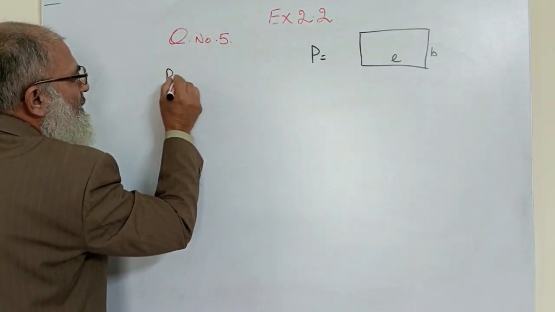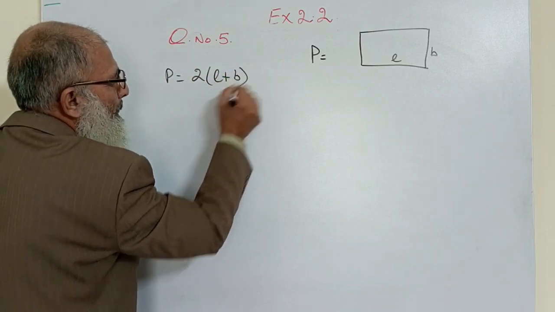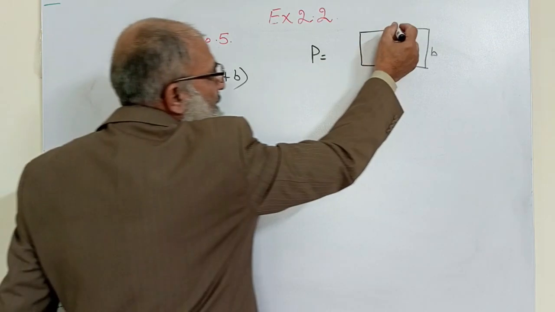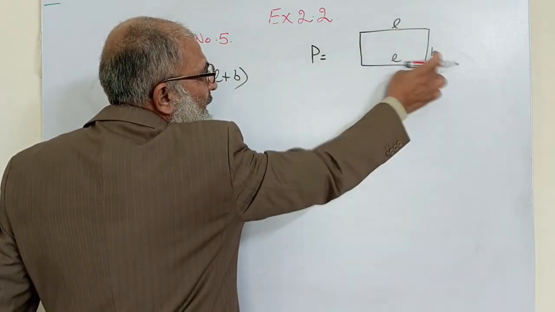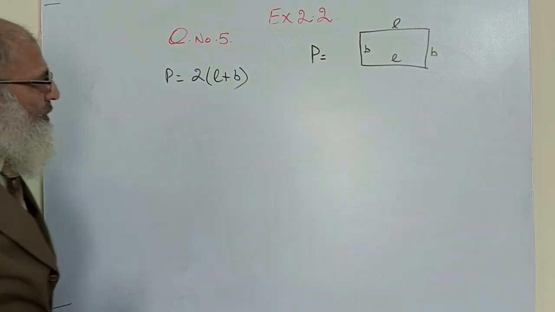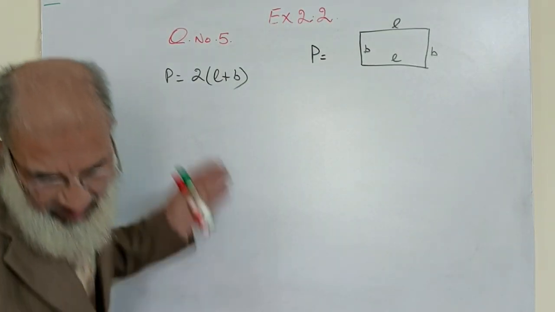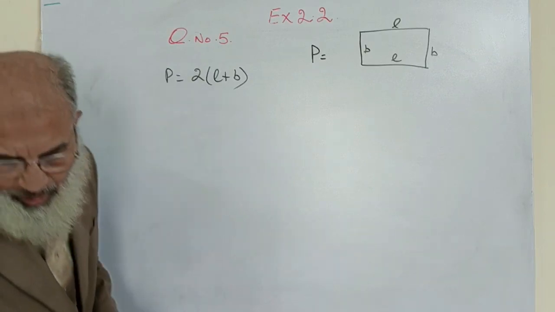So P is 2L plus 2B, because there are two L's, one L, 2L, and two B's. I've already told you about this. So it is also given here. P is equal to 2L plus 2B.